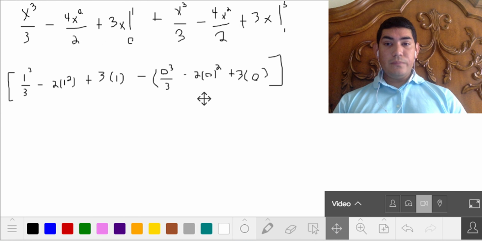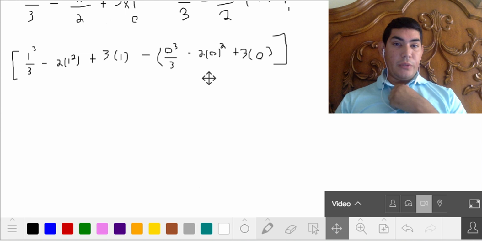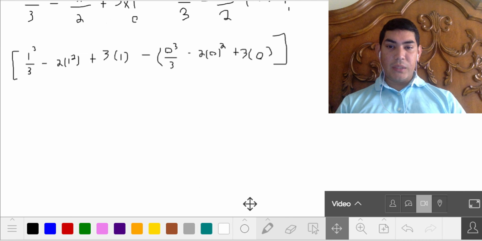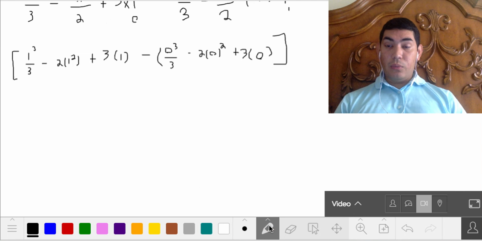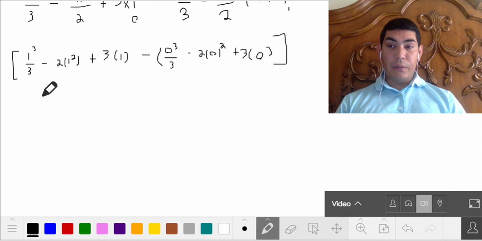If we look at the right side, 0 cubed is still 0, so 0 divided by 3 is 0. 0 squared times 2 is 0. And 3 times 0 is 0. So all that is just equal to 0. We just have to look at the first part. 1 cubed is 1, divided by 3 is 1/3. 1 squared is 1, times 2 is minus 2.